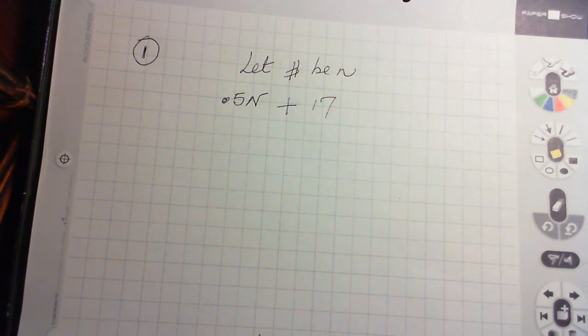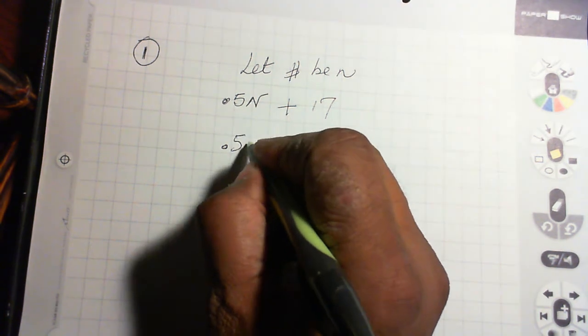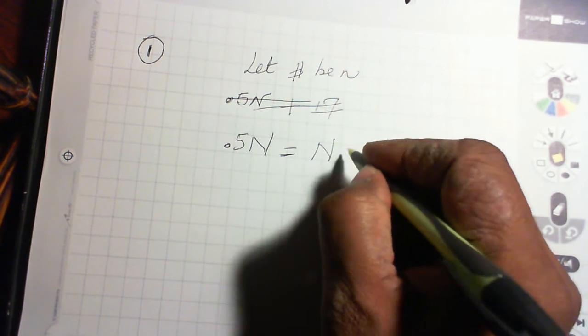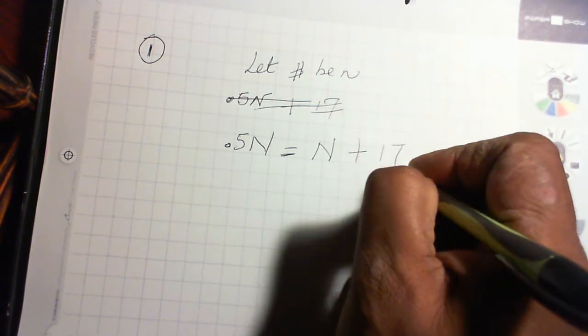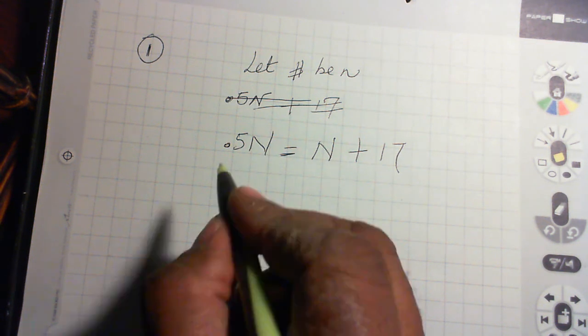Oh, I did something wrong here. 50% of a number is equal to the number plus 17. Sorry, I did that wrong. I misunderstood it. But here's your answer, right? Because you're looking at 50% of a number.